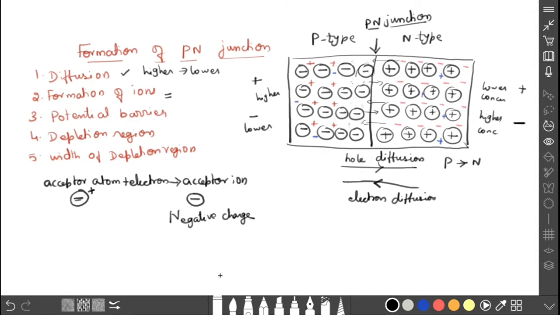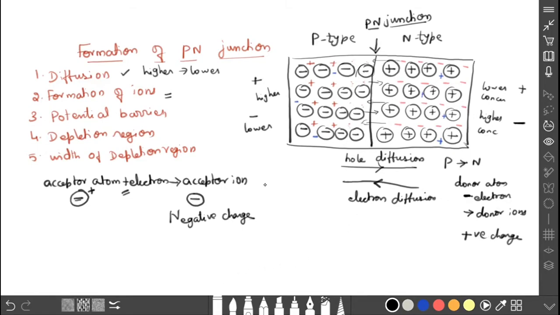The same thing will happen in the N type also. Here is the donor atom, which donates electrons. Here I used a plus symbol to add the electron, and here I used the negative symbol to remove the electron. So what will happen now? Donor ions will be created. It gives the electron, so it produces positive charge near the junction.